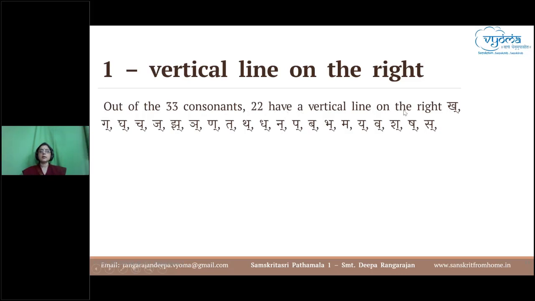22 of them, which means a major portion of them, have a vertical line following it. So the consonants have a vertical line at the extreme right hand side. Like the second consonant kh, g, and gh. These are all the kavarga consonants. Ch, j, jh, and nya, the chavarga consonants.